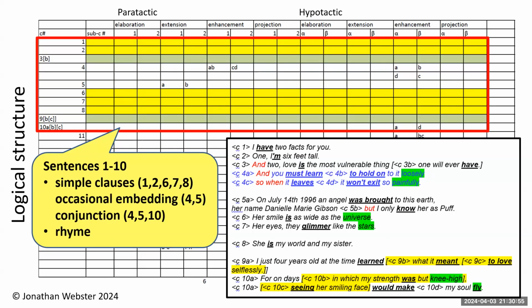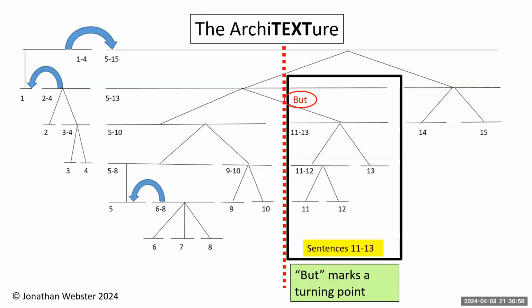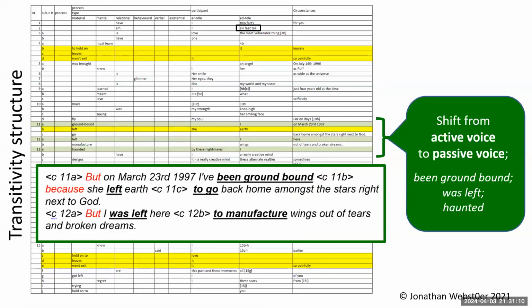That's what's at the beginning, but then when we get to this point where but marks this turning point, we suddenly realize that his sister isn't living, and the emotion then starts to come through. And it shifts from active voice to passive voice. Because what? He is no longer in control. He is no longer the one who initiates. It's from outside him.